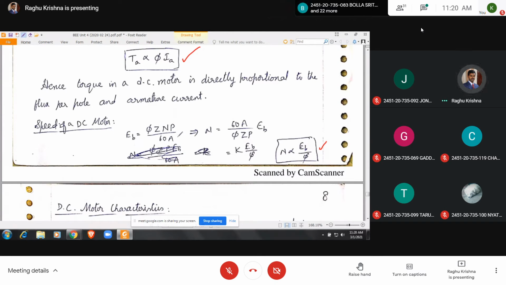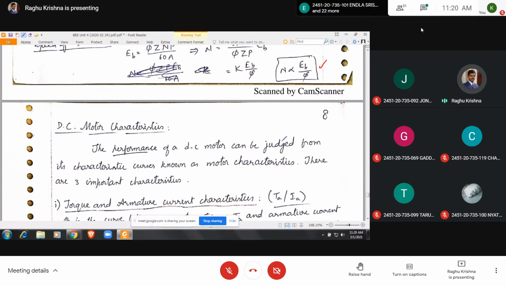To rearrange this equation, N can be written as k into Eb by phi. So N is proportional to Eb by phi. These two expressions are very important for finding the characteristics of any DC motor.